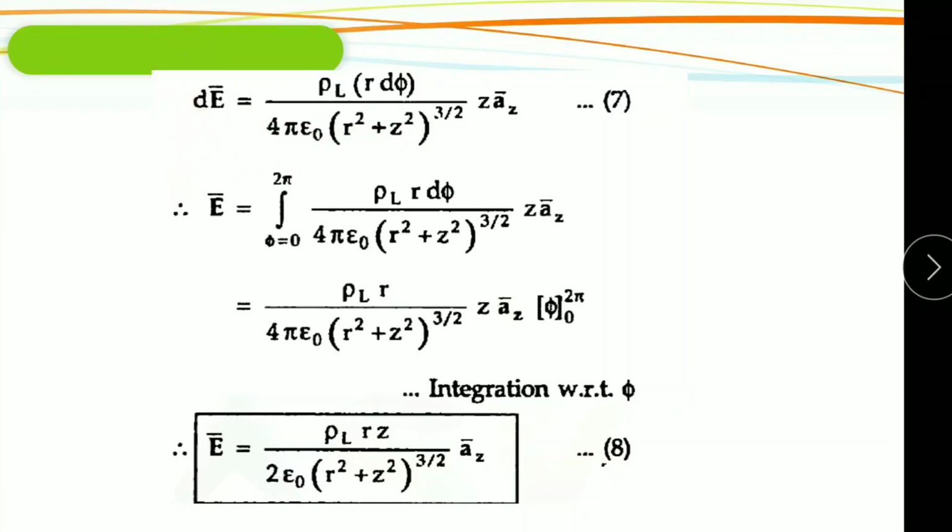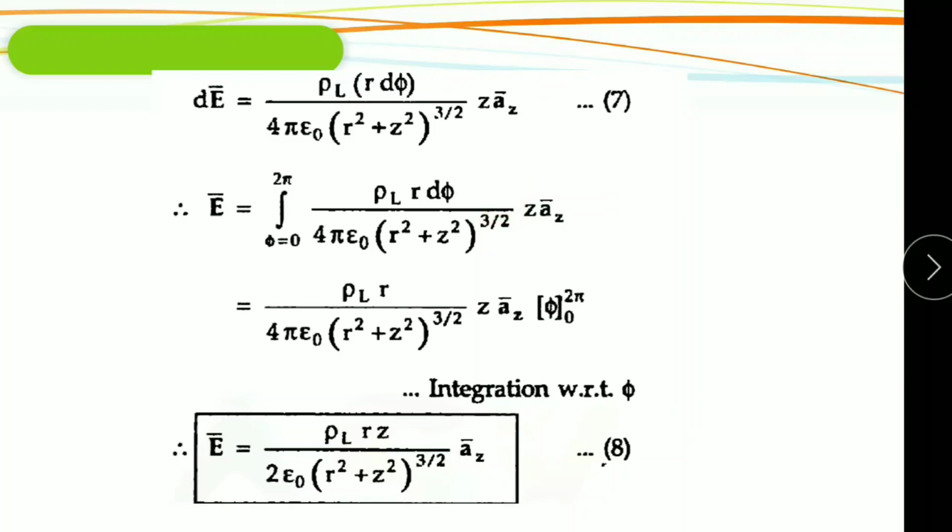By integration, the integral of dE becomes capital E, and the integration is with respect to phi with limits 0 to 2 pi. Since we integrate with respect to phi, all the remaining terms are taken as constants, and we apply integration only for d phi. The integral of d phi is phi with limits 0 and 2 pi.